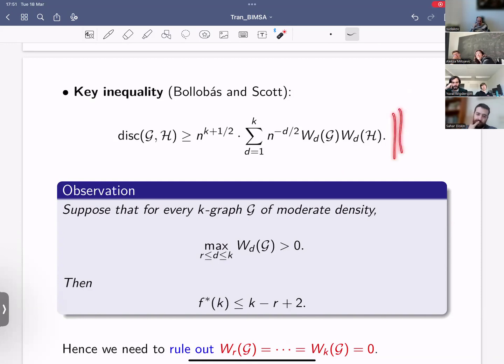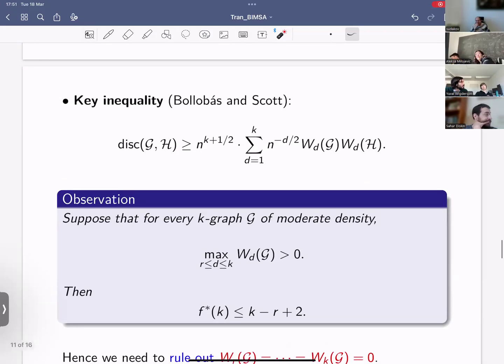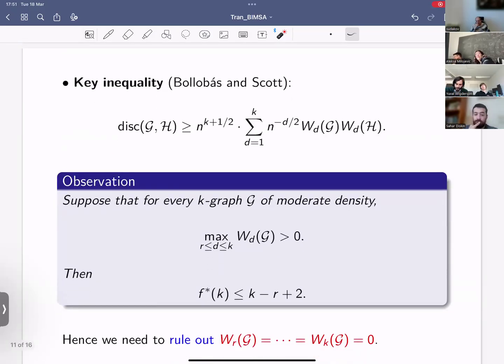The proof of this inequality is quite complicated, because we also need to analyze the effect of switching two vertices. They estimate some expectations, but analyzing that expectation is quite difficult.